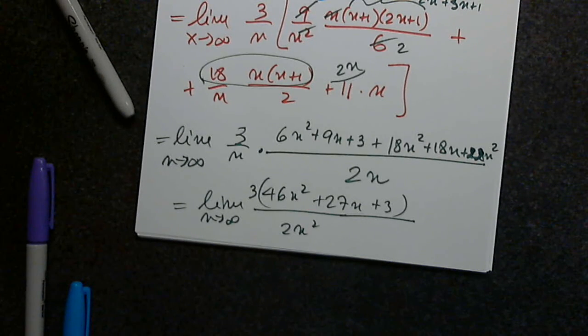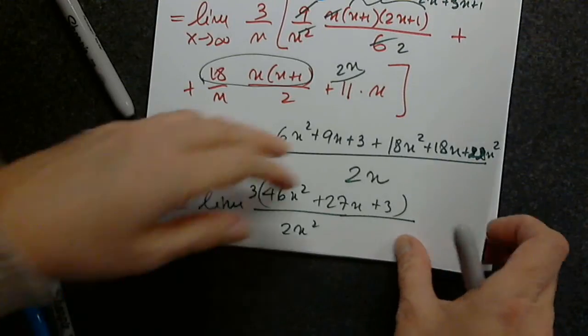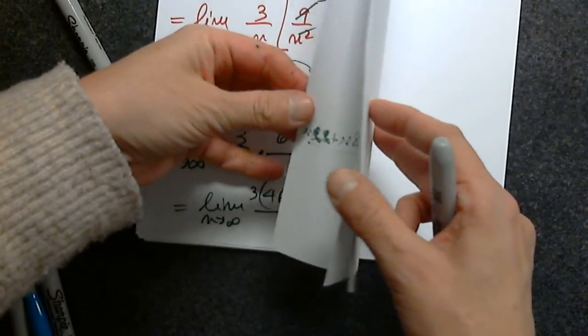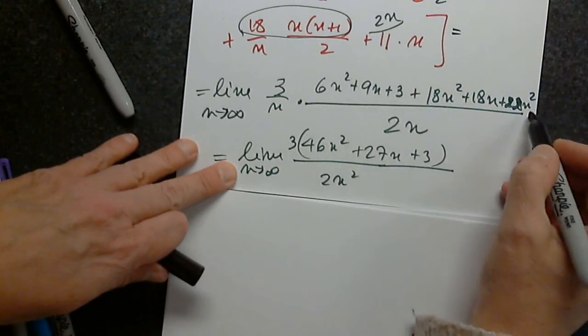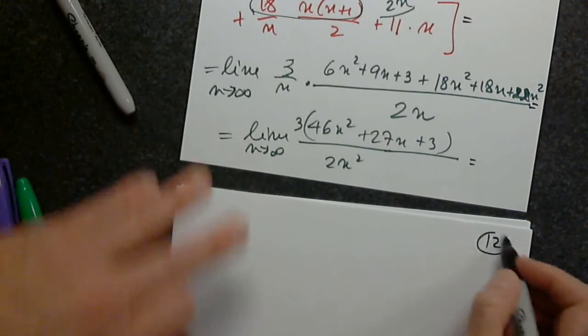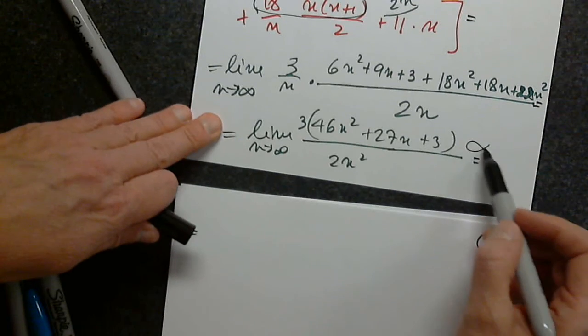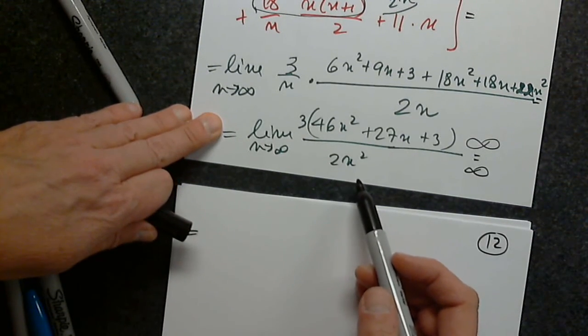You can say, I don't remember this, use L'Hopital's rule. Because it's infinity over infinity, I would use L'Hopital's rule twice, and I'll still get the same answer. Would you like me to write the answer, or would you like me to show L'Hopital's rule? L'Hopital's rule, very good. So here we have, we agree that it's infinity over infinity, correct?